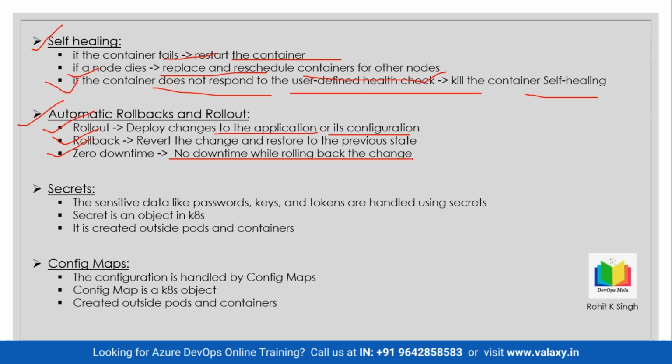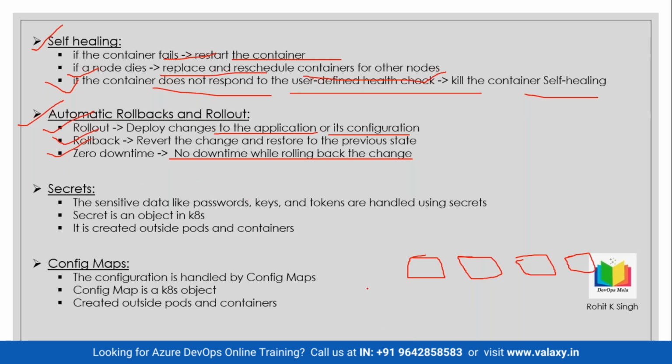If you have an application running, what exactly is this rolling update? Just imagine you have an application running on 4 containers: container 1, 2, 3, 4. So how is this zero downtime achieved?